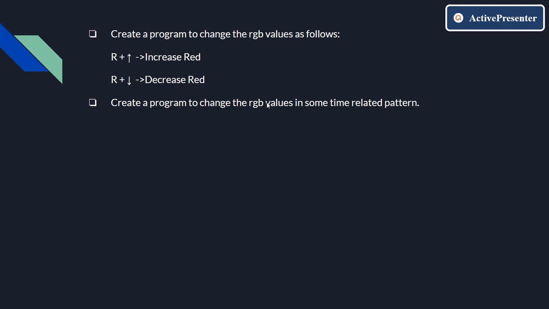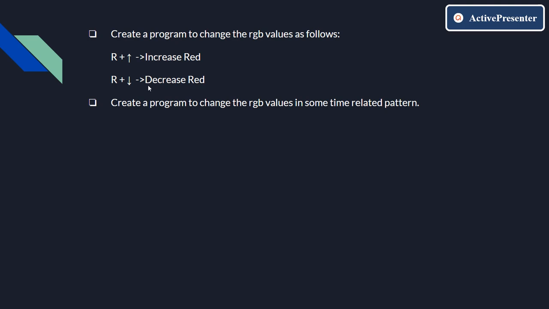While rendering, if I press R plus the up key, the red component of the RGB should increase. If I press R plus the down key, the red component of RGB should decrease, and similarly for blue and green. It will make you familiar with the function GLFW get key.